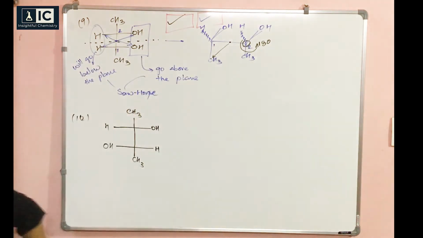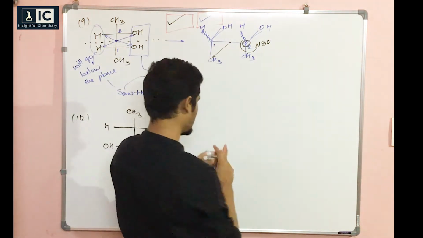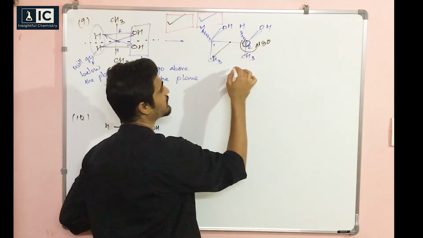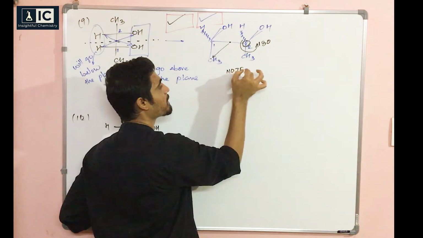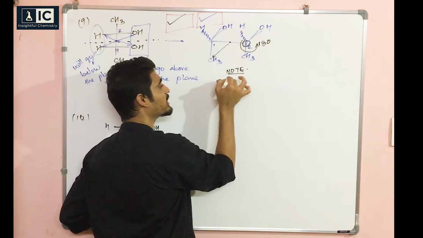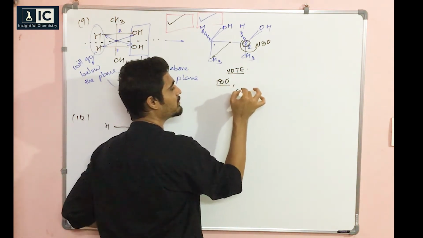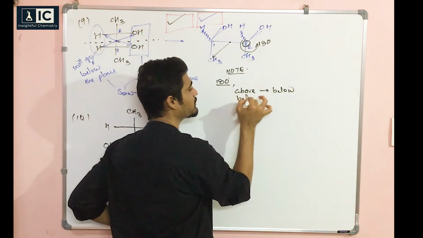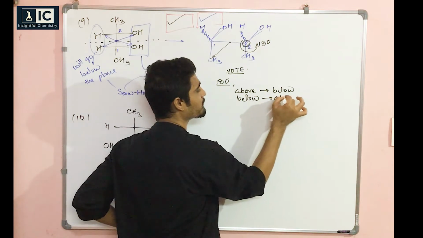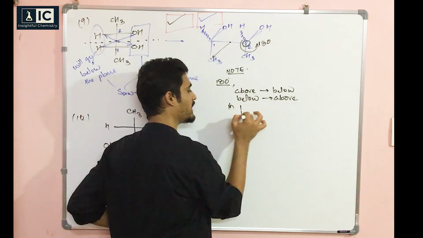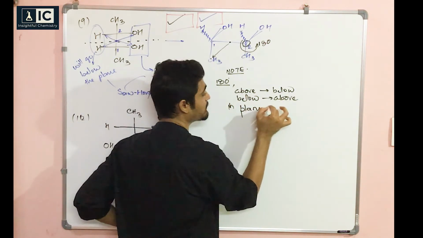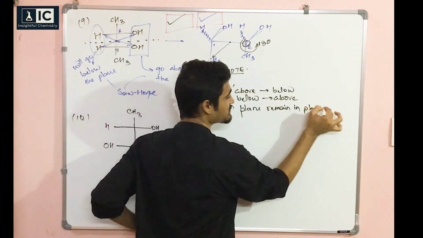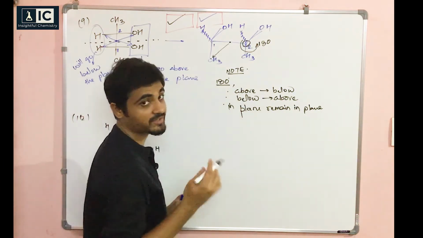Remember: in a 180 degree rotation, above becomes below, below becomes above, and in plane remains in plane. Keep all these things in mind, so everything becomes easy.